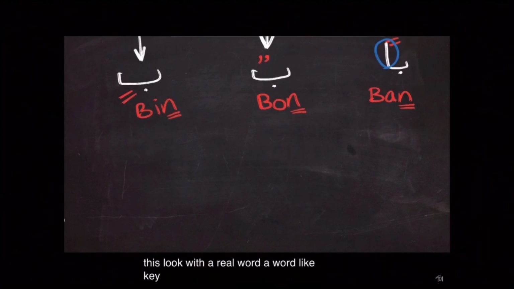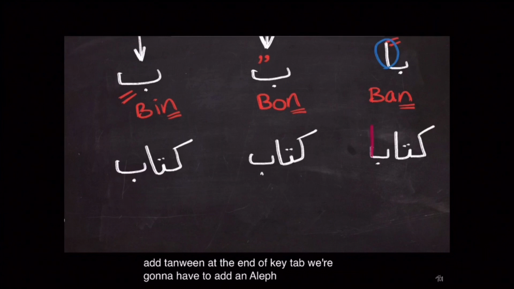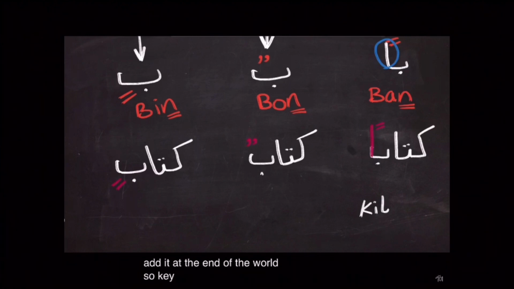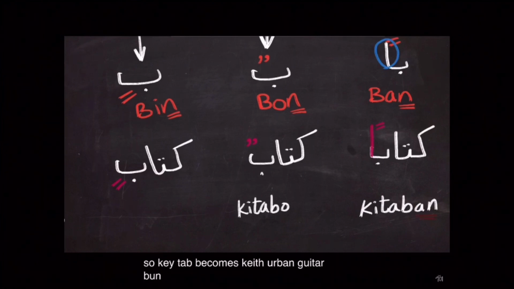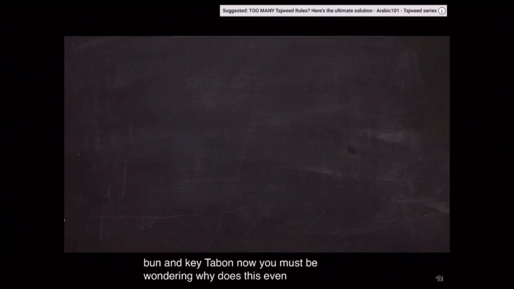A word like kitab, which means book: if we want to add tanween at the end of kitab, we have to add an alif at the end because it is tanween fatha. For tanween dhamma and kasra, we can just add it at the end of the word. So kitab becomes kitaban, kitabun, and kitabin.